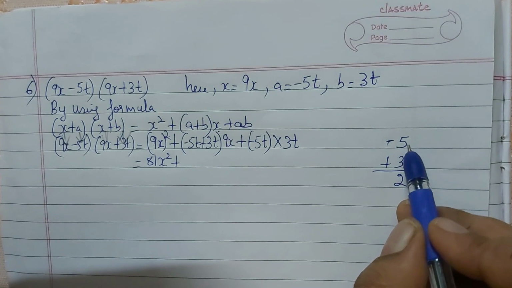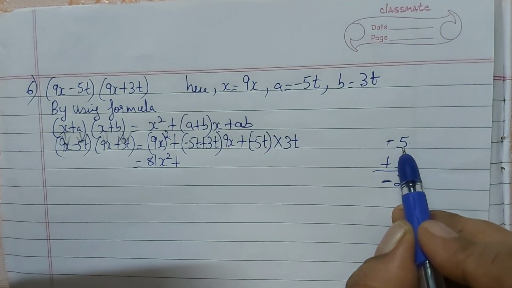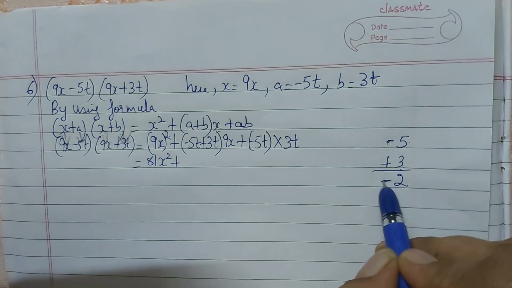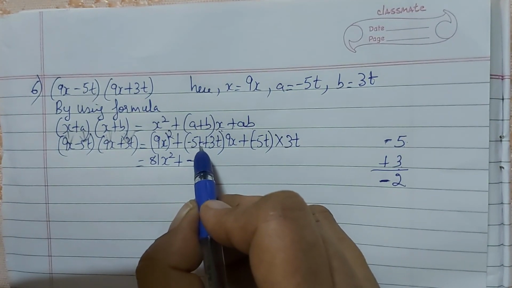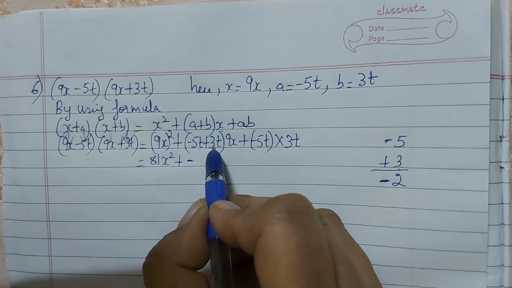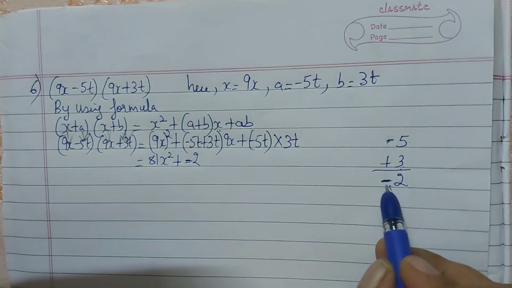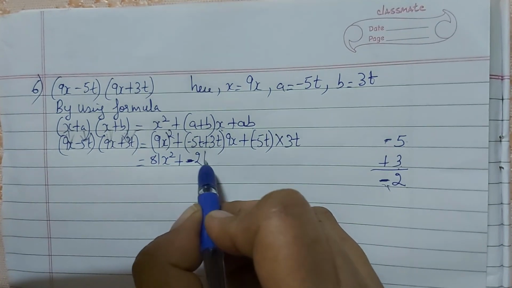So which sign is there in front of the bigger number? Minus sign. This is a bigger number, bigger than 3. So the sign of the bigger number is minus, so we will put minus. And minus 5 plus 3, we got minus 2. So we will put this 2, minus 2. Okay, and this t.